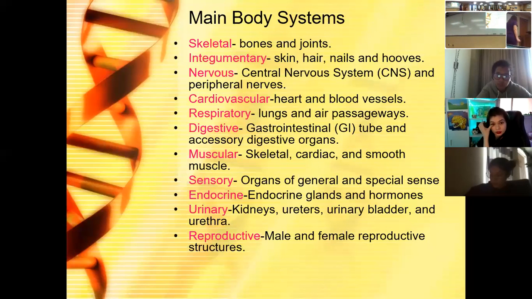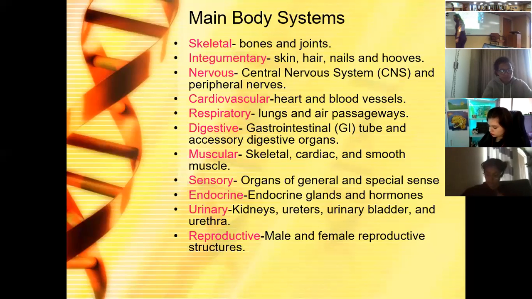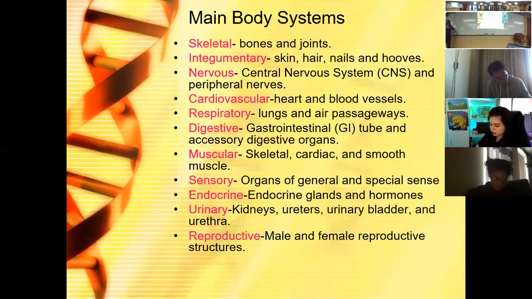These are the main body systems. I'm going to give you just a handshake, how do you do, to each of these. So we have the skeletal system. The medical term for bones is osteo. Like I personally have a condition called osteoarthritis.